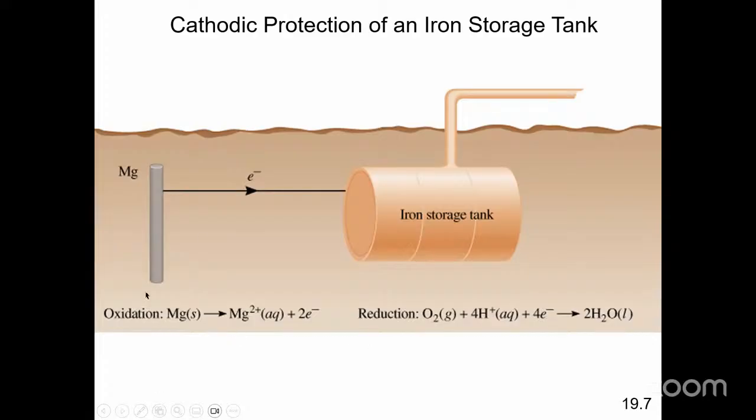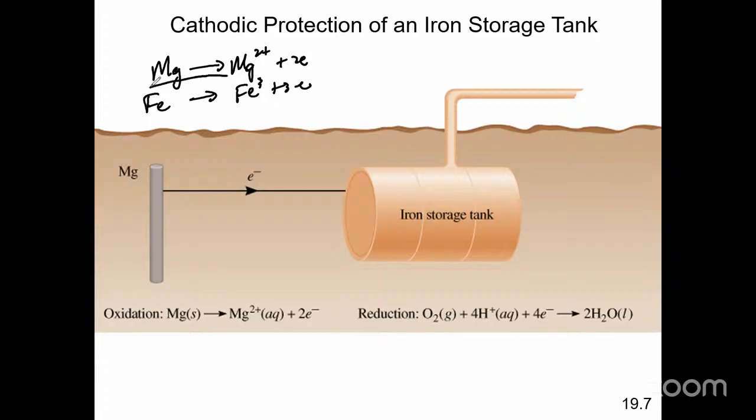Now, the thing about magnesium is that when it undergoes oxidation, it forms Mg2+ plus 2 electrons, while the Fe will undergo oxidation to form Fe3+ plus 3 electrons, all right? Between these two, this one is more likely to occur, right? And that's because the EMF of the reverse reaction is low compared to this one, right?